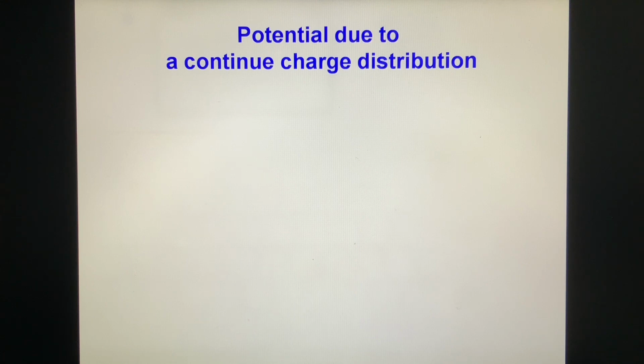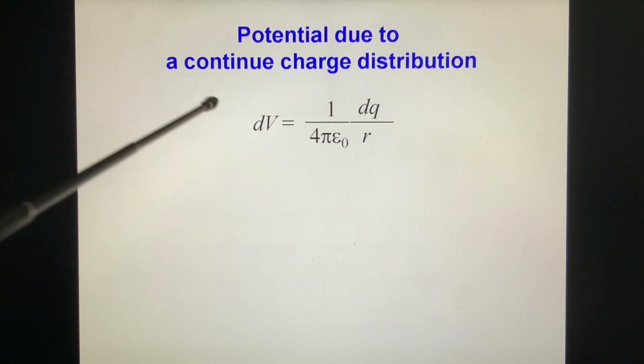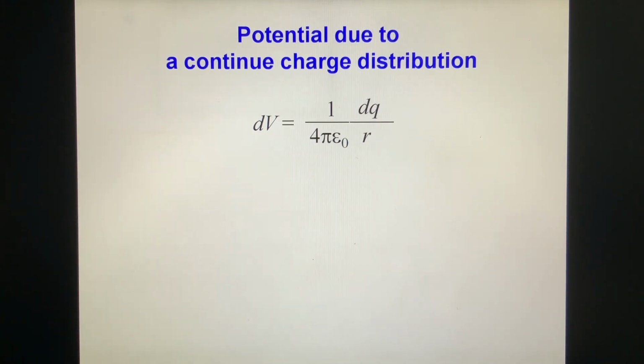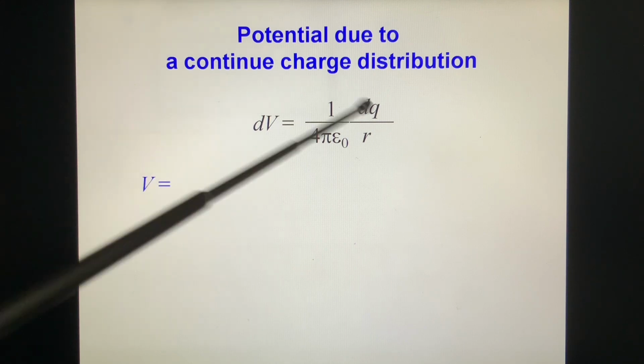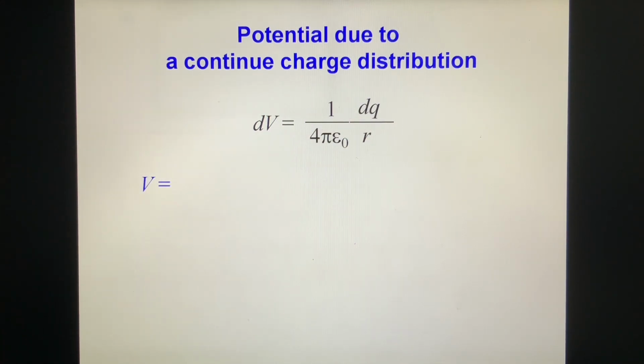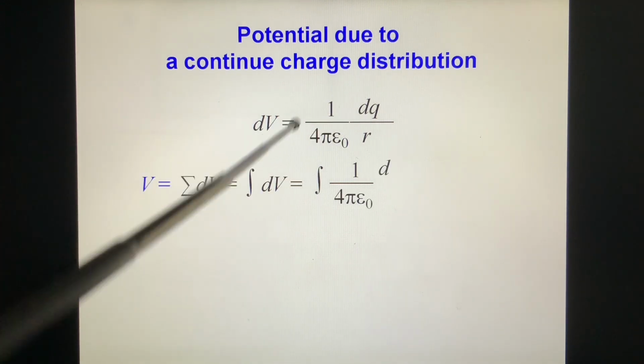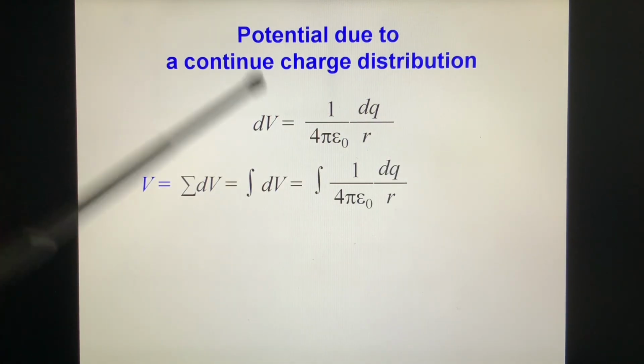Potential due to a continuous charge distribution. We know the dq produces dV, like the point charge equation. We divide a continuous charge body into many dq, a continuous distribution. And then V equals the integration of dV, and this integration includes the whole volume.